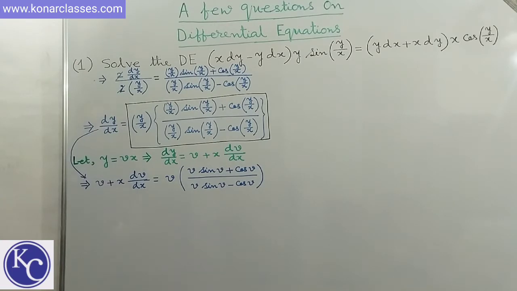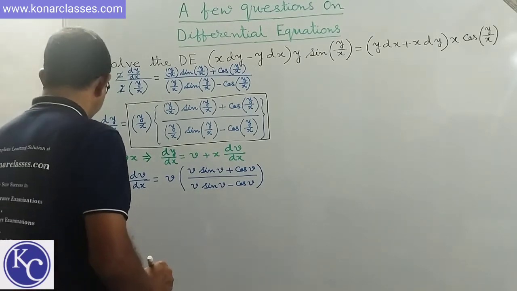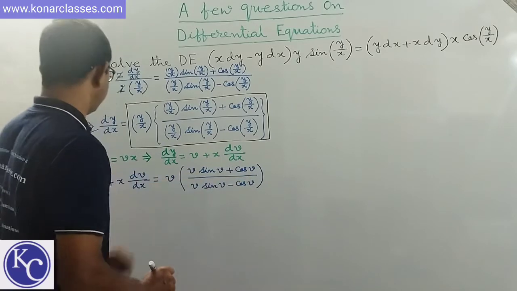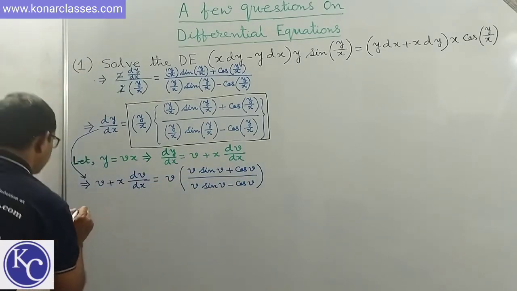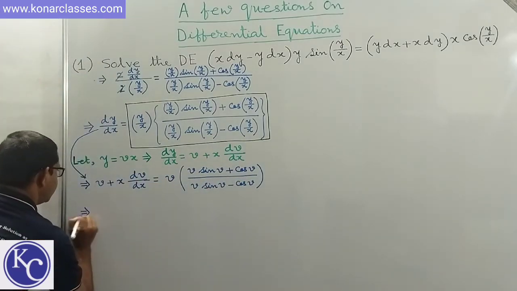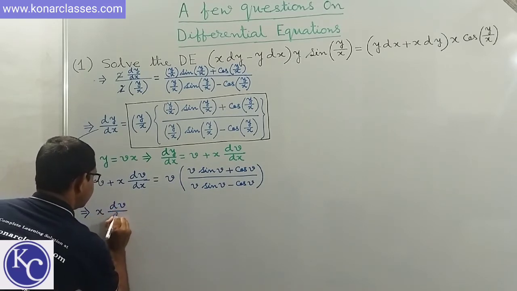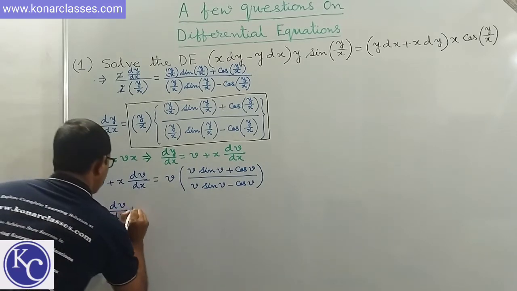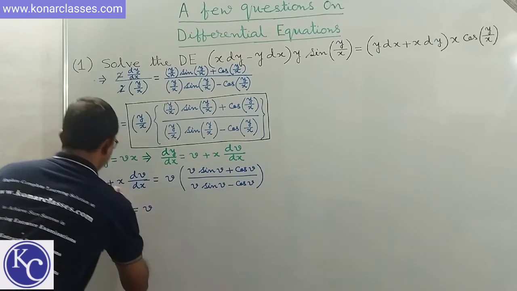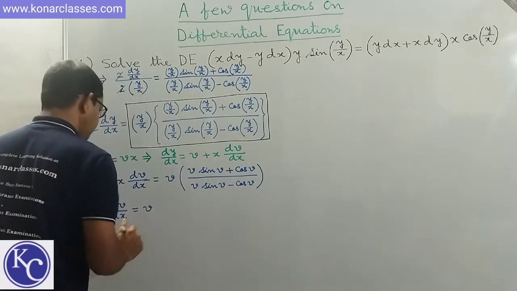Now what we are going to do, dear students, is that we take this v in the right hand side. So from here what we get, this implies x dv/dx is equal to, if we take that v in the right hand side, then we can take v common.